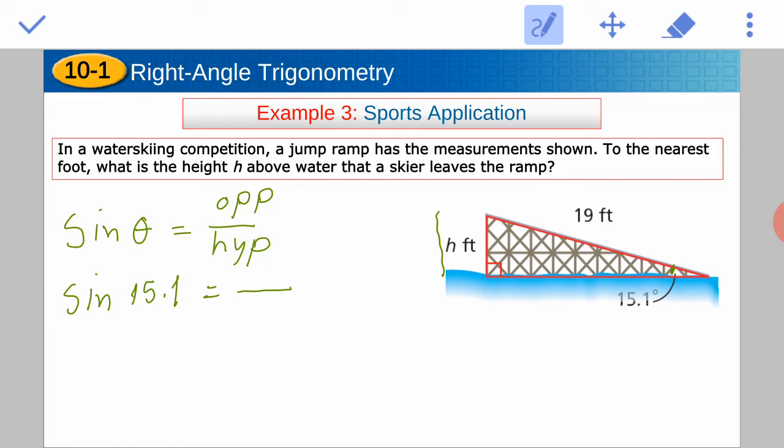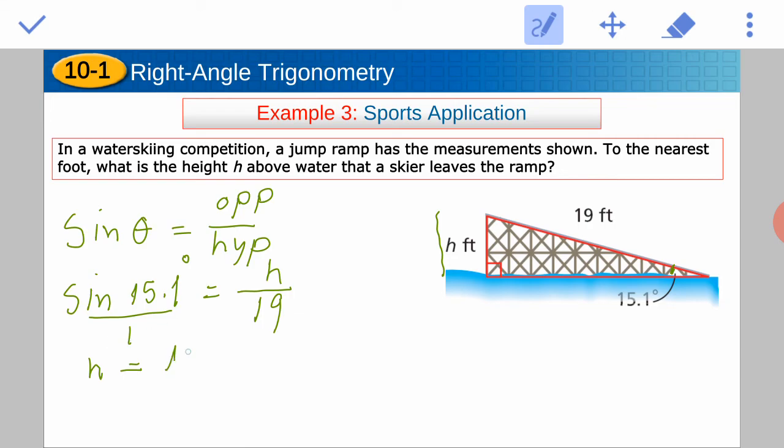The opposite is h, and the hypotenuse is 19. We can delay using the calculator till the end, create a denominator of 1 under sine 15.1 degrees and cross multiply. H times 1 is h. This is what we need, the height above the water level.